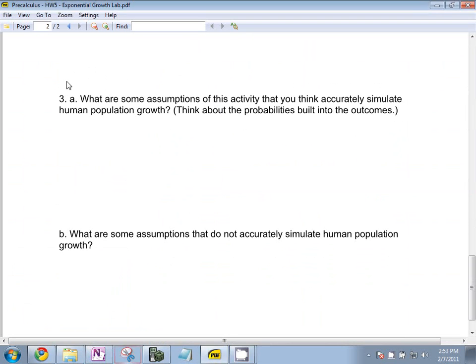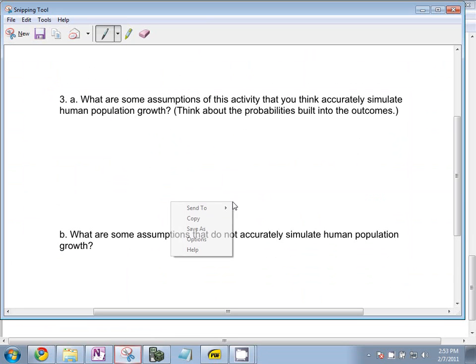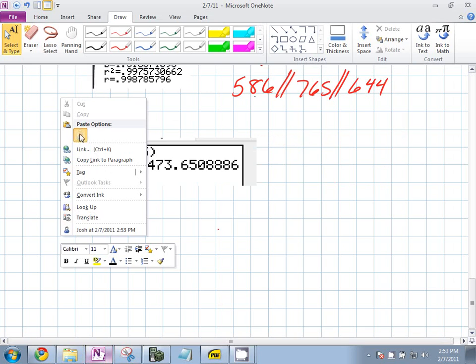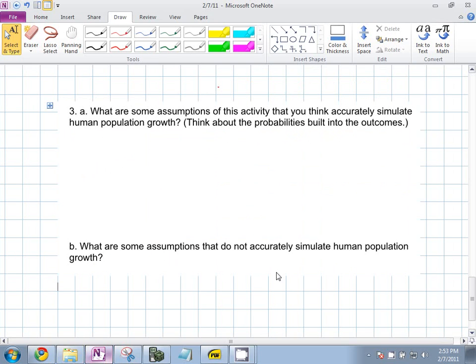These are good. I like these questions. These are great questions. So it's asking on this one, what are some assumptions of this activity that you think accurately simulate human population growth? What do you think? What's one assumption, Mariah? That it sort of does the gradual incline. Gradual incline. Yep. Anything else? Any numerical ones?